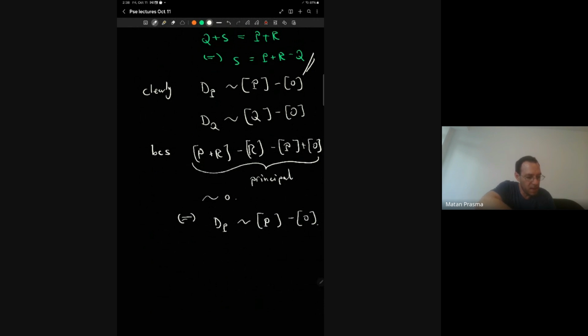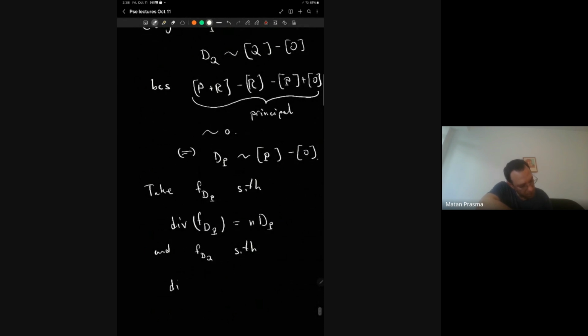And of course, we take f_dP such that the divisor of f_dP is n·dP, and f_dQ such that the divisor of f_dQ is n·dQ.